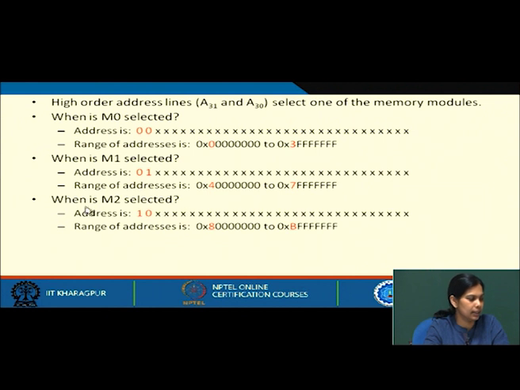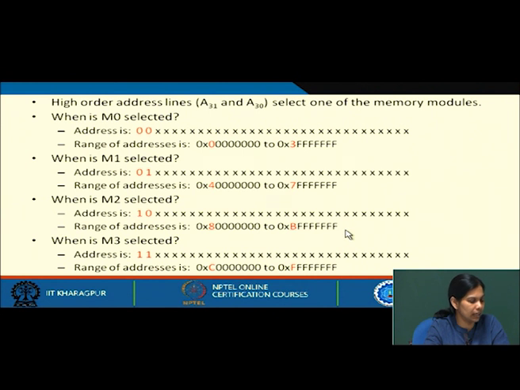Similarly, when M2 is selected, it will be 8 7 zeros to B7F, and similarly when M3 is selected, it will be like this. So, the range of address will be like this.